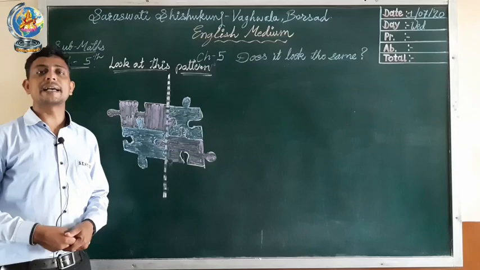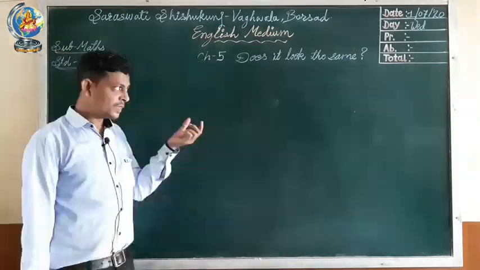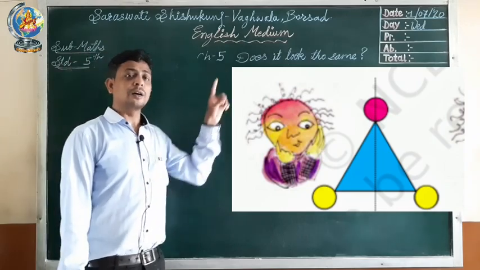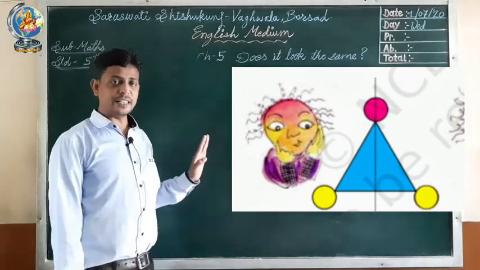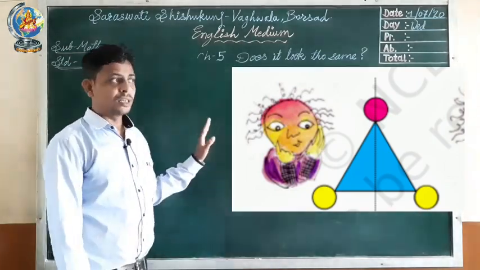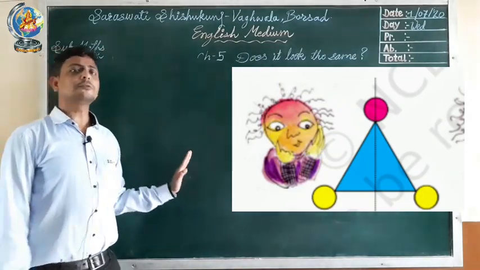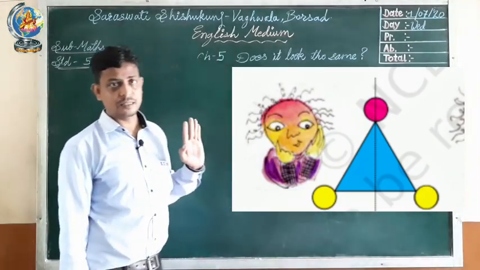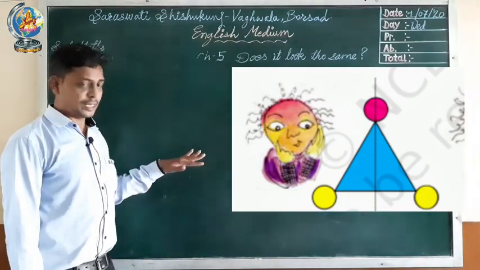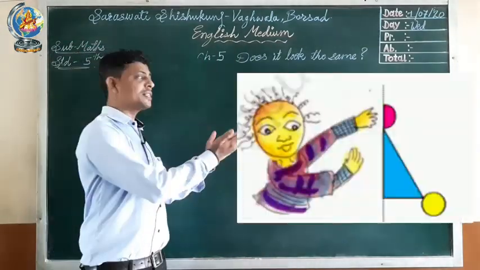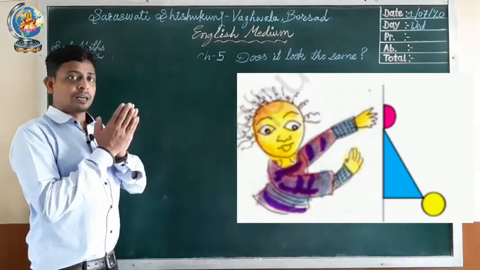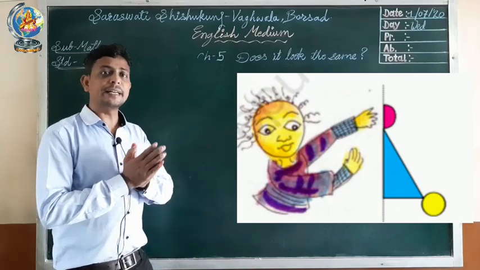Now we will move to the next picture. In this picture, you can see a shape of a triangle. In the center, the imaginary line is there. Now you have to tell whether this shape is divided into two equal parts. Yes or no? So if we fold this shape from the imaginary line, then we can see that both shapes cover completely.